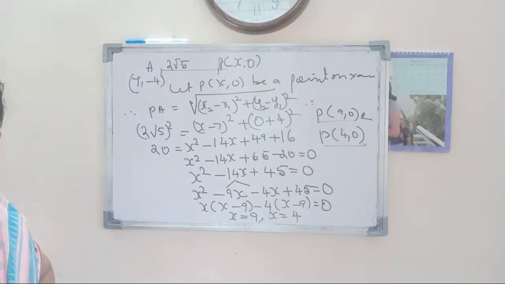So try to understand the concept here given. Which are the values which is 2 root 5 distance from the point A 7 comma minus 4.